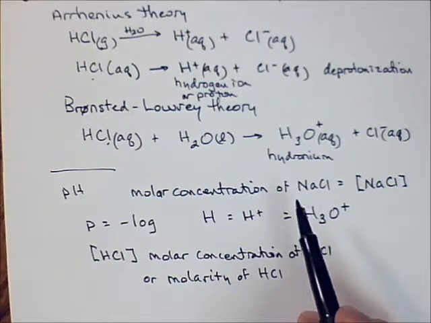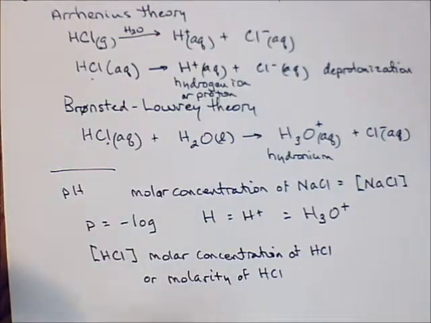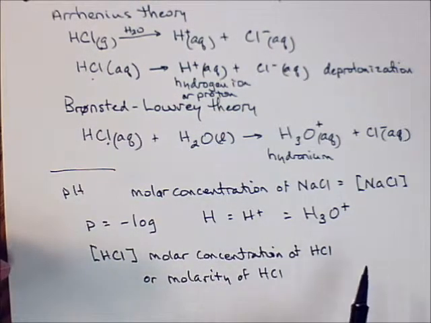Now here's why. Moles are the number of particles grouped together in 6.02 times 10 to the 23rd groups, or particles. Remember, a mole of anything is 6.02 times 10 to the 23rd of anything. And that's one mole, like a dozen is 12.